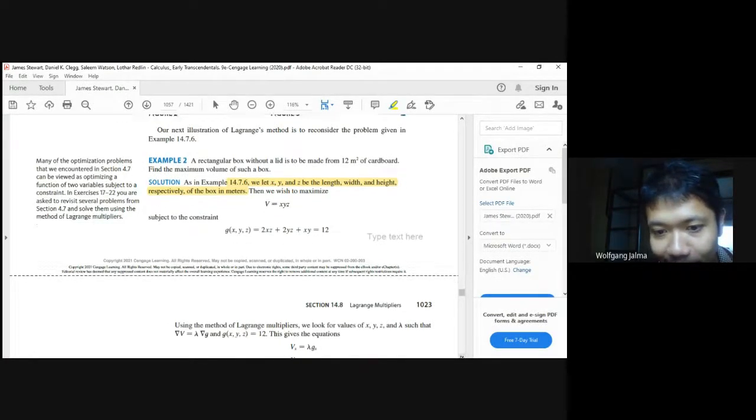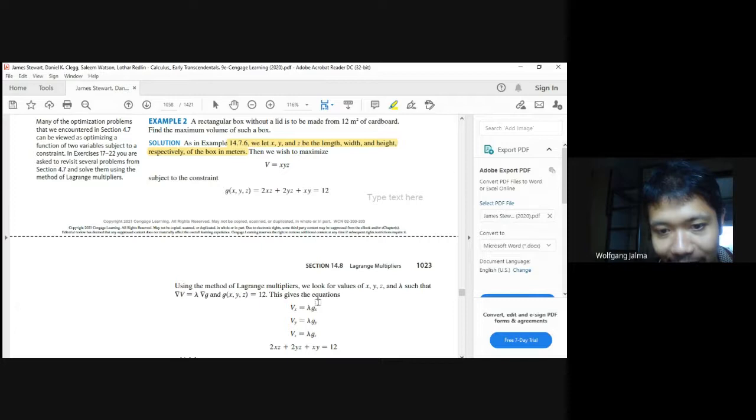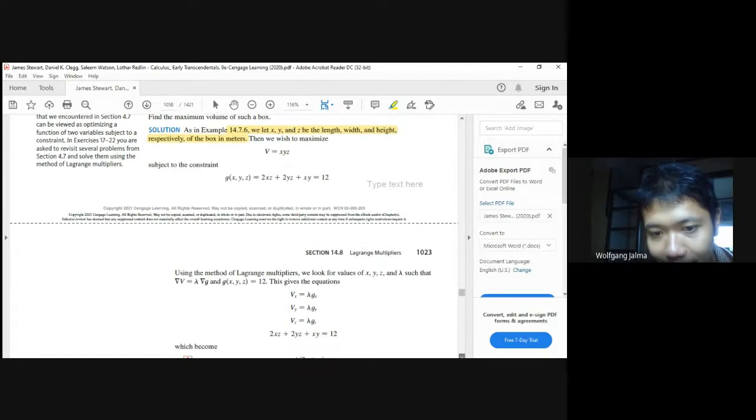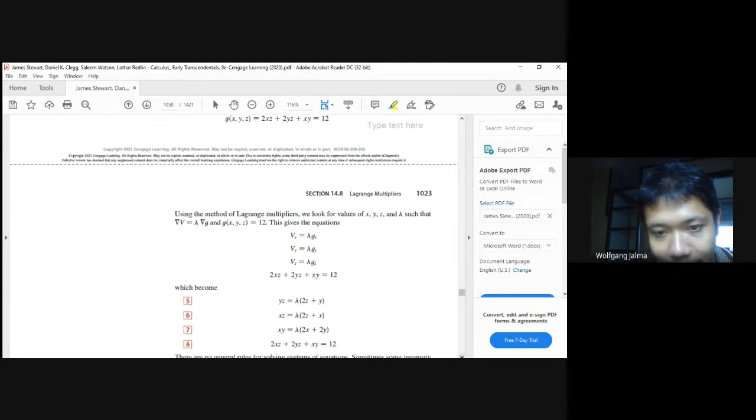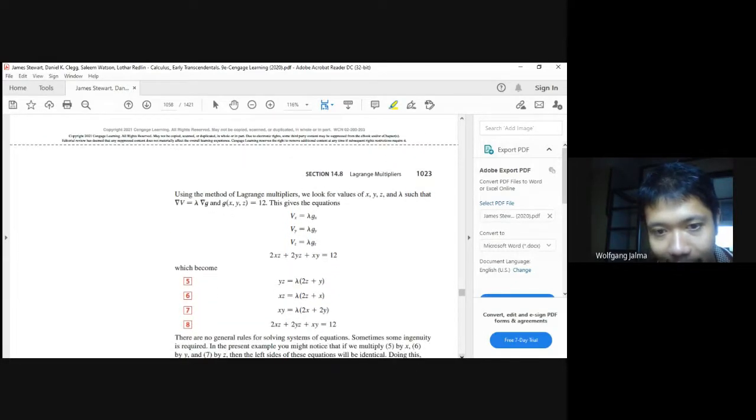So basically this one, the partial derivative of v to the x is the same direction as the partial derivative of g to the x, to the y, and to the z. And don't forget that it must fulfill this constraint, the g itself.